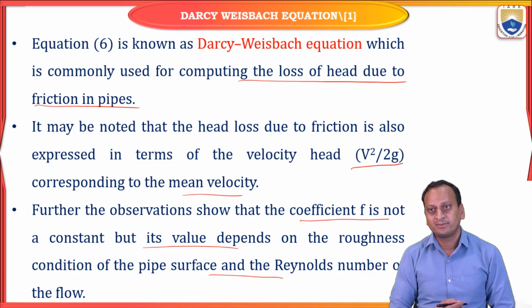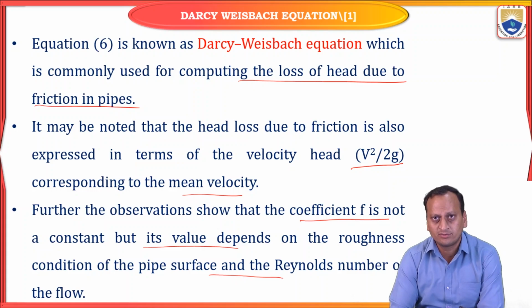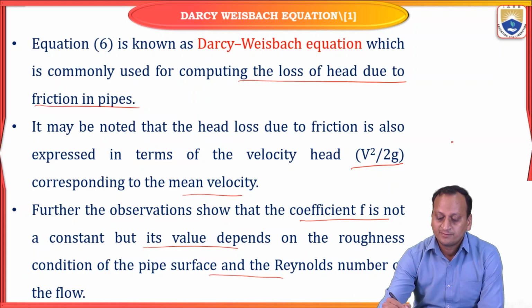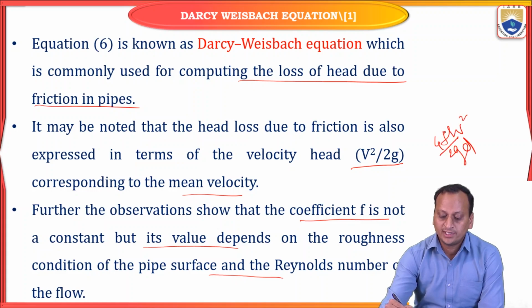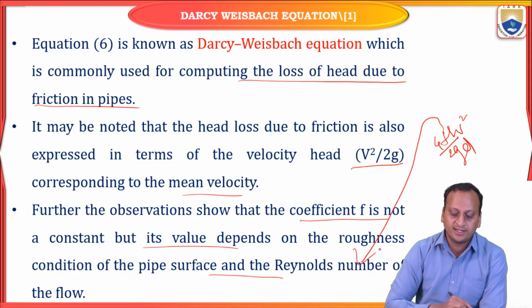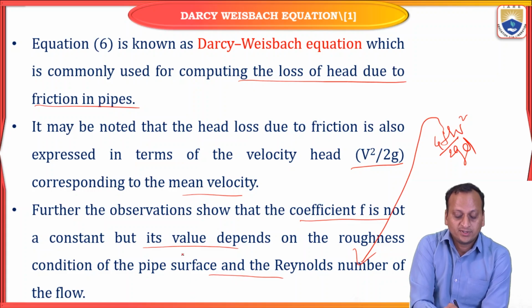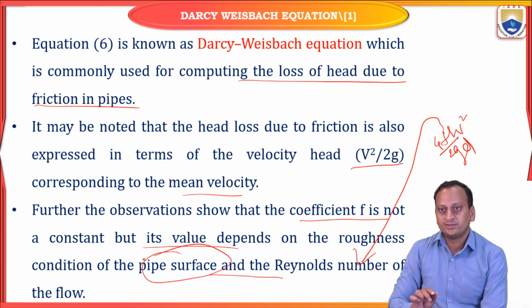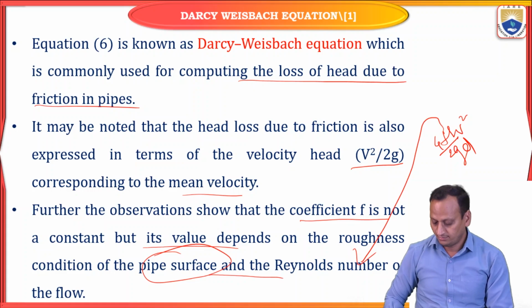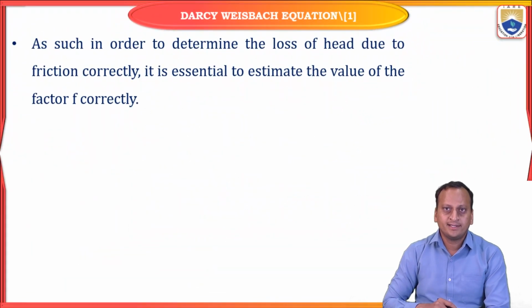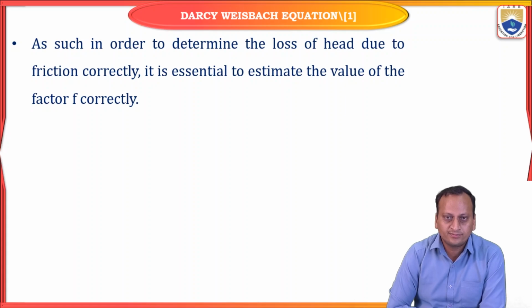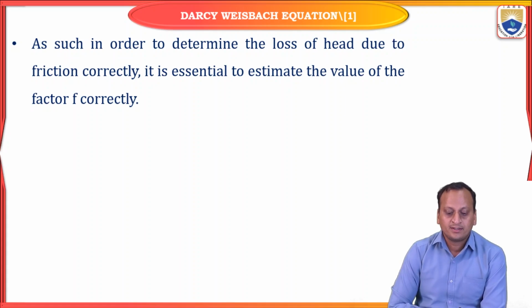In the Darcy-Weisbach equation, hf equals 4FLV square by 2gD, where the 4f is known as the coefficient of friction, associated with a Reynolds number, and the frictional factor is always associated with the pipe surface, where you can use FLV square by 2gD. As such, in order to determine the loss of head due to friction correctly, it is essential to estimate the value of the factor f correctly.